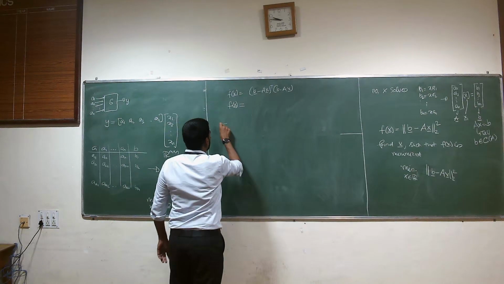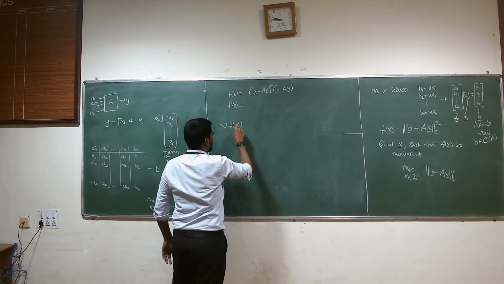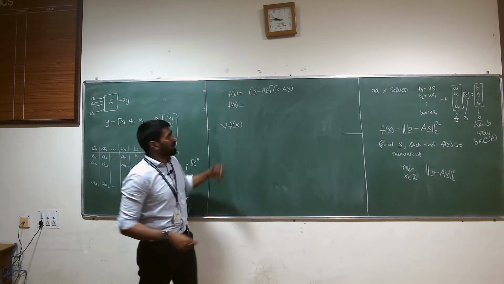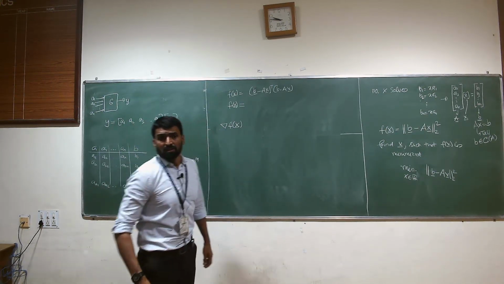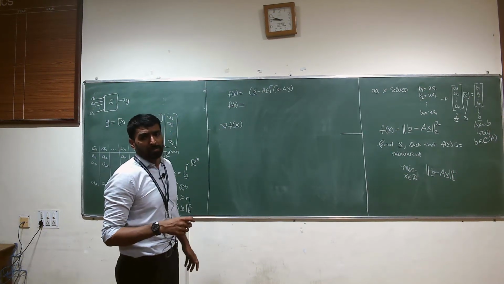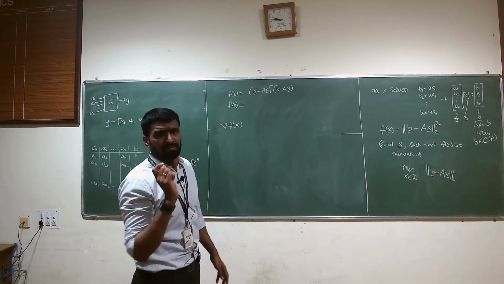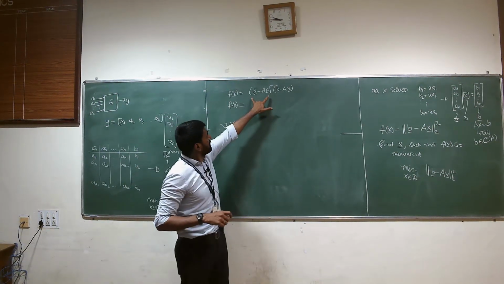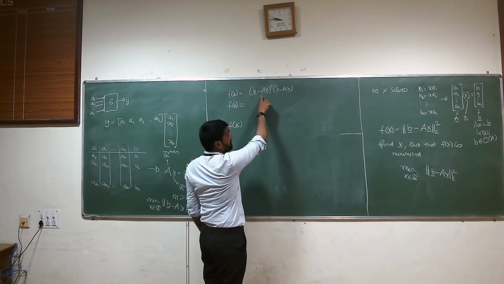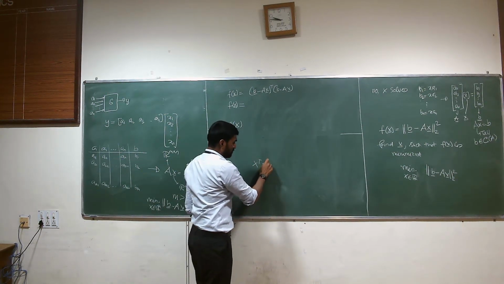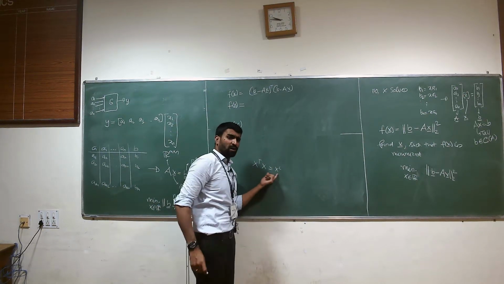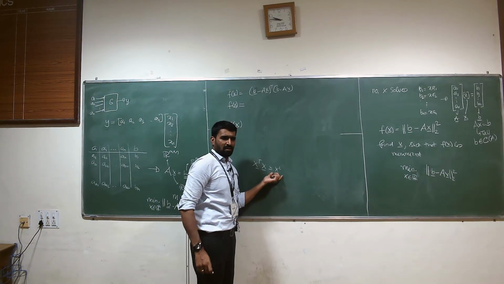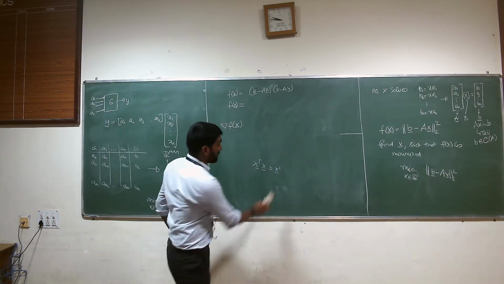Hold on. If this is a vector, why do you say x transpose x is x square? Is there a square operation defined for a vector? So what does that expand out to?